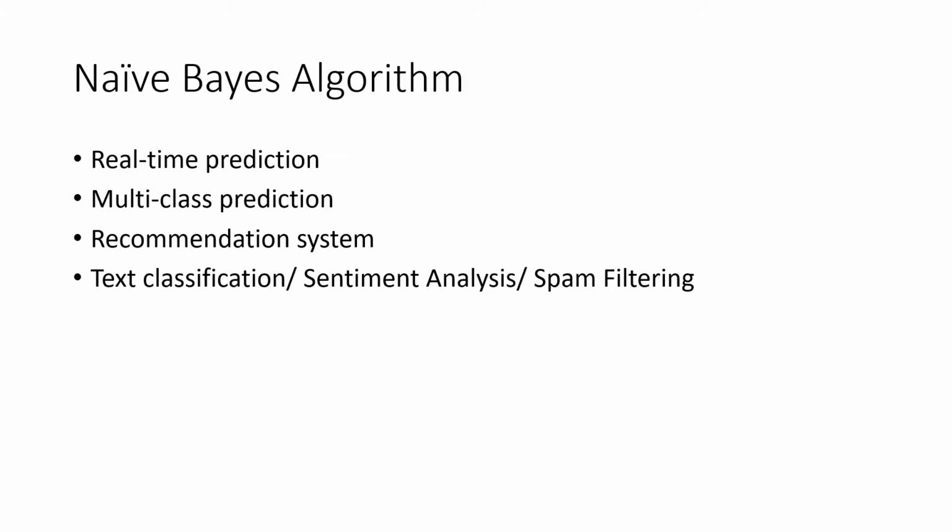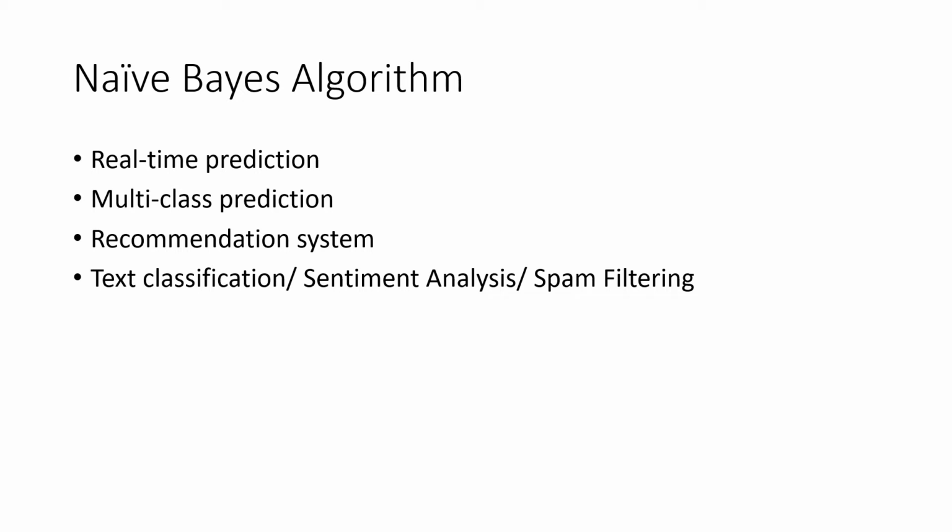Naive Bayes algorithm is fast and always ready to learn, hence it is best suited for real-time predictions. The probability of multiple classes of any target variable can be predicted. With the help of collaborative filtering, Naive Bayes can help to build a recommendation system.